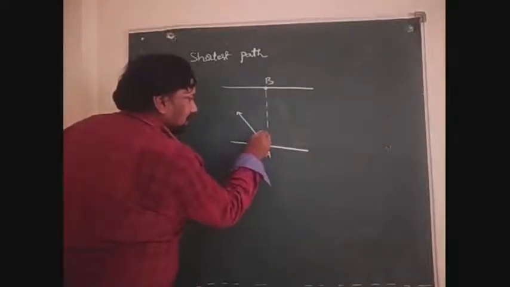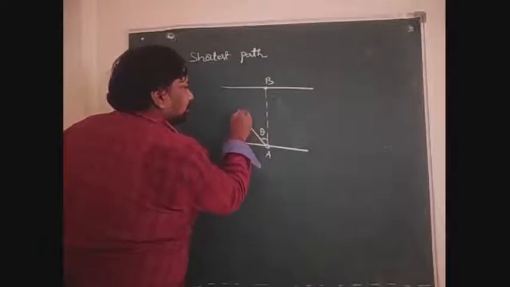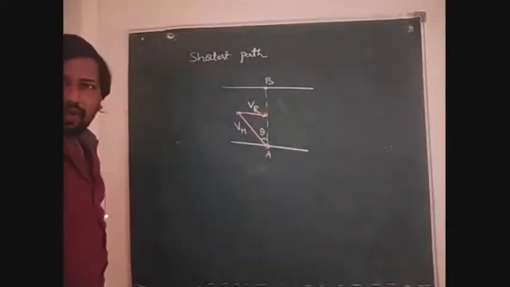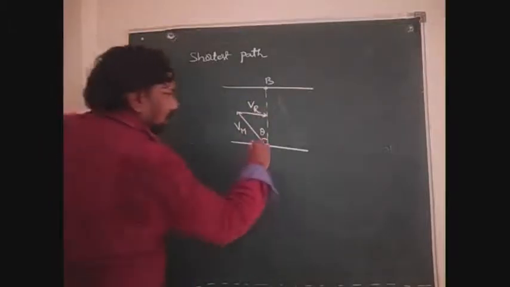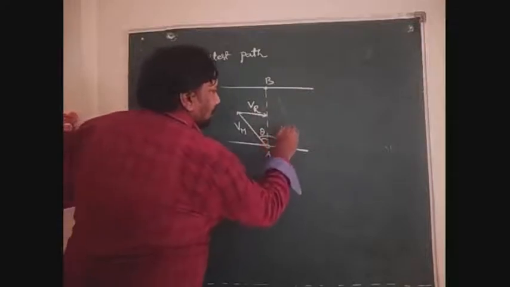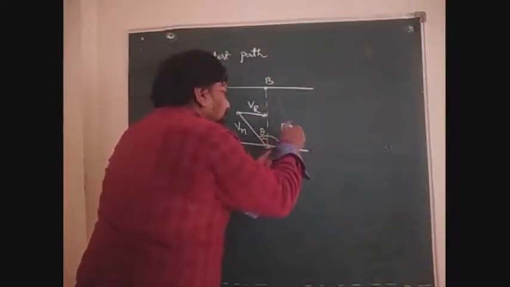Its angle is theta. Here this is Vm, and the velocity of the river is Vr. Now you calculate the total angle, that is theta dash.